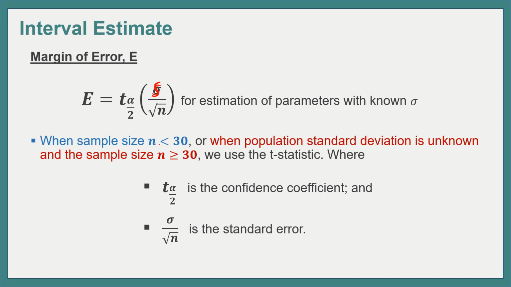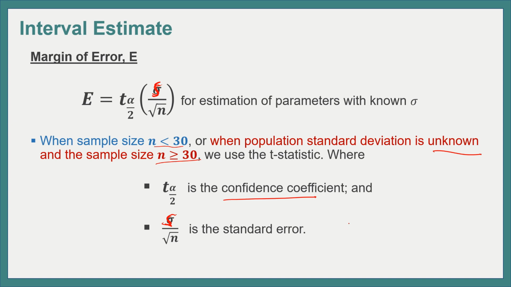We can use this when the sample size is less than 30, or when the population standard deviation is unknown and the sample size is greater than or equal to 30. So we will use the t statistic in these situations. The t of alpha divided by 2 is the confidence coefficient, and then the standard error is solved.